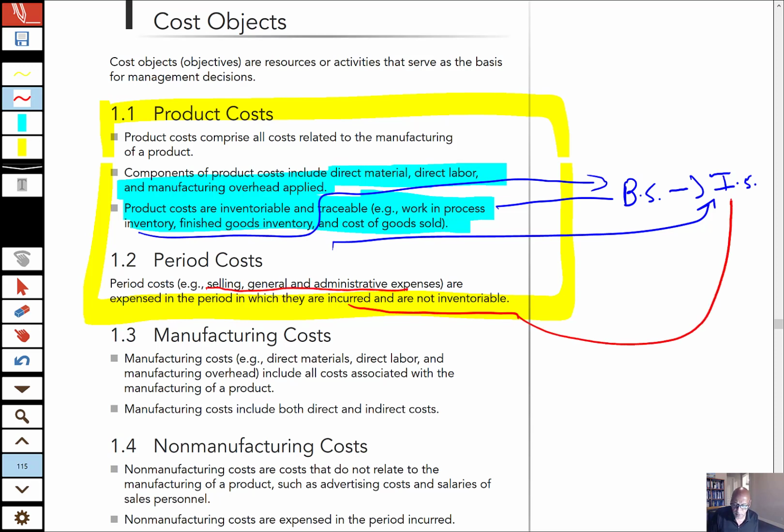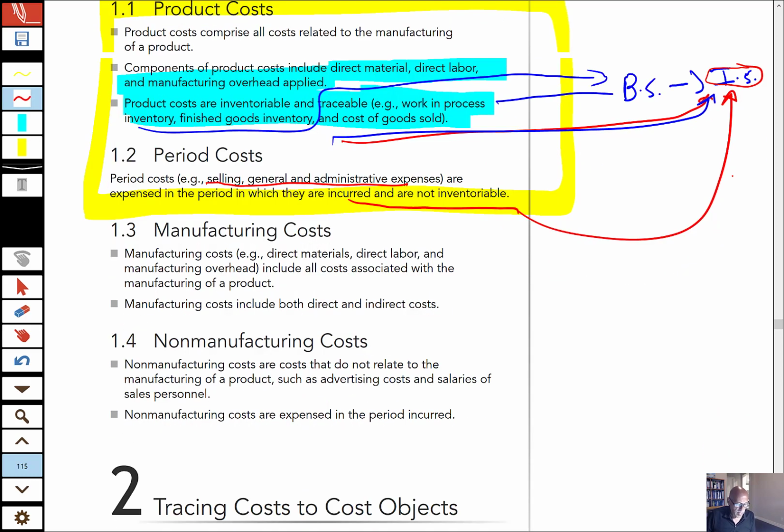Those go straight to the income statement. So just to be consistent with our color, we'll use red for income statement. Our income statement takes the cost of goods sold for our product cost, but it comes off of the balance sheet, whereas our selling and administrative expenses go straight to the income statement.